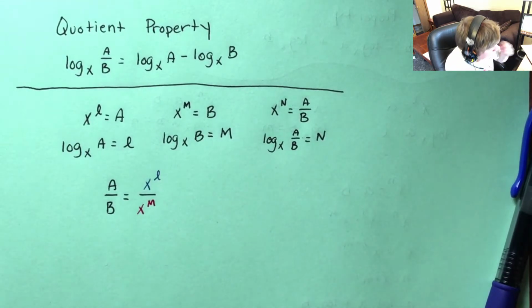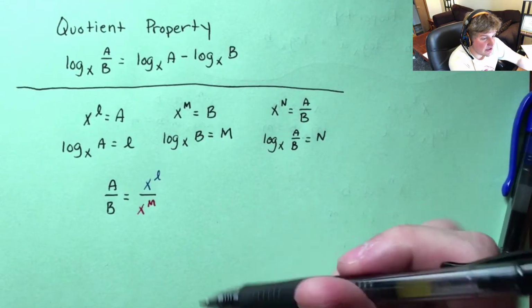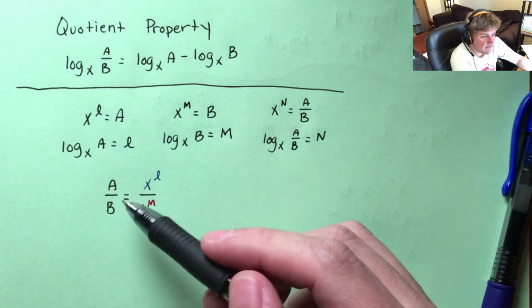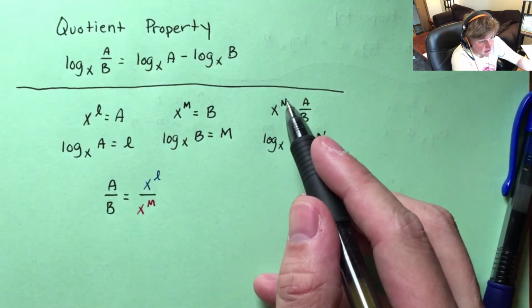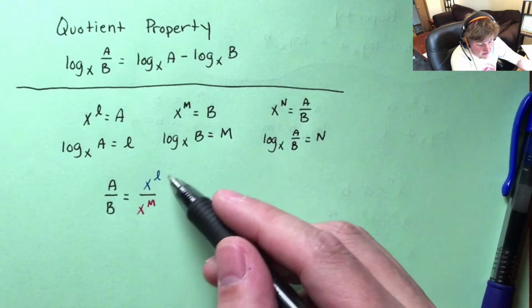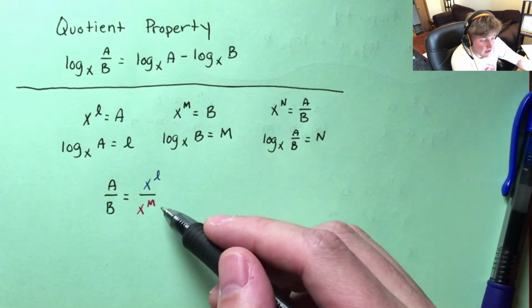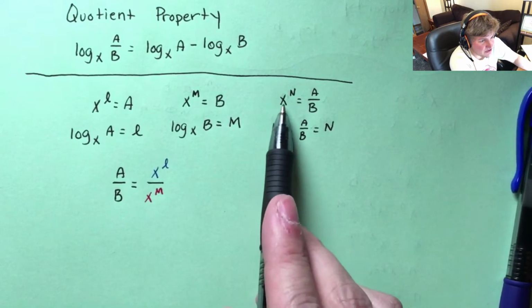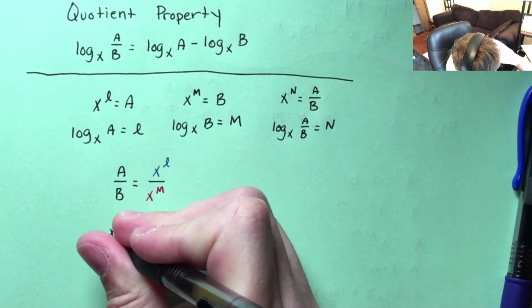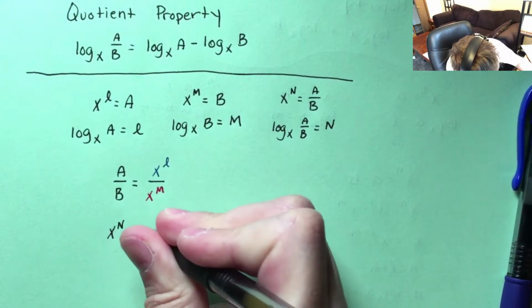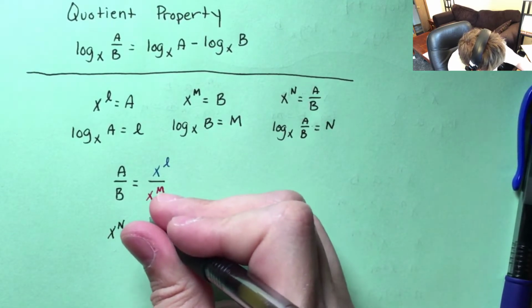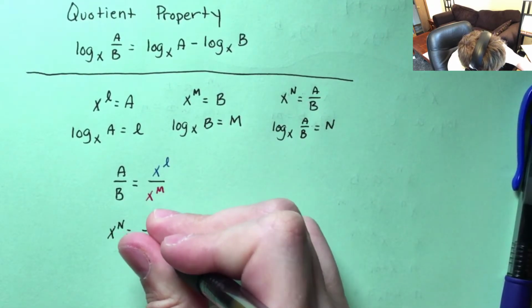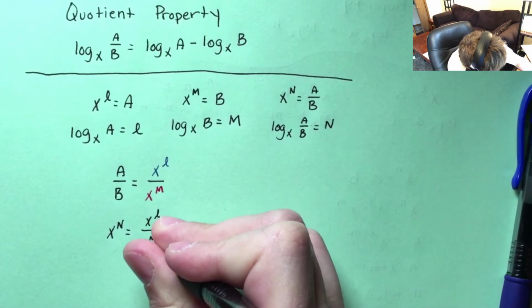So all I'm doing is using a little substitution to say that a divided by b is equal to x to the n power, but it's also equal to x to the L divided by x to the m. So a divided by b is also the same as x to the n power, and now I know that x to the n power is the same as x to the L power divided by x to the m power.